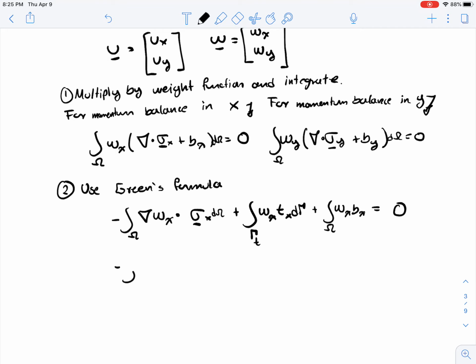And then if I use Green's formula on the y component, what I'm going to end up with is very similar. It's going to be the gradient of wy times the sigma y, which is the traction in the y component, so it has a shear and a normal component, plus the integral over the natural boundary of wy ty d gamma plus the integral over the domain omega of wy by equals 0.